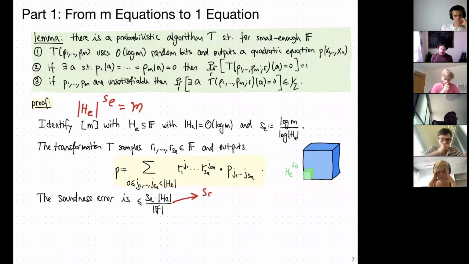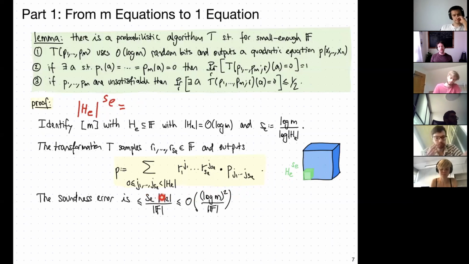It tells you that for polynomial identity testing in this regime, the error is the number of dimensions times the size of the set divided by the field. Now if we set our parameters, we chose s to be roughly log m and h to be roughly log m, so both together would give us something which is roughly log m squared over F.